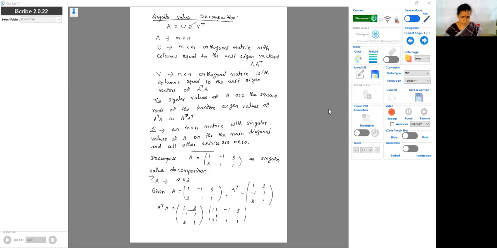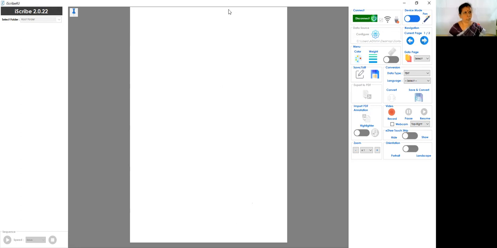Multiplying the first row by the first column, first row by the second column, first row by the third column, we get the first row of the product matrix.